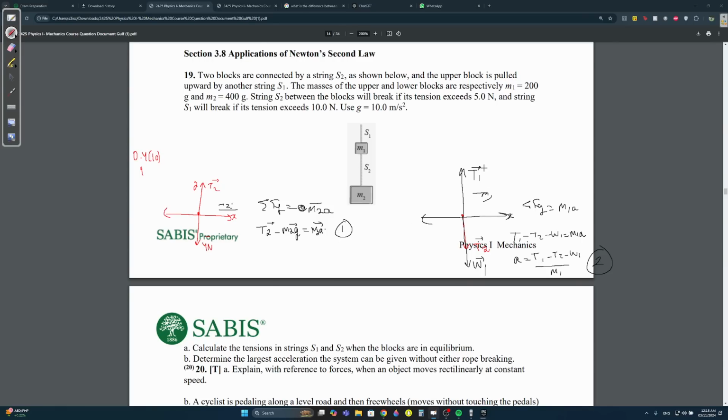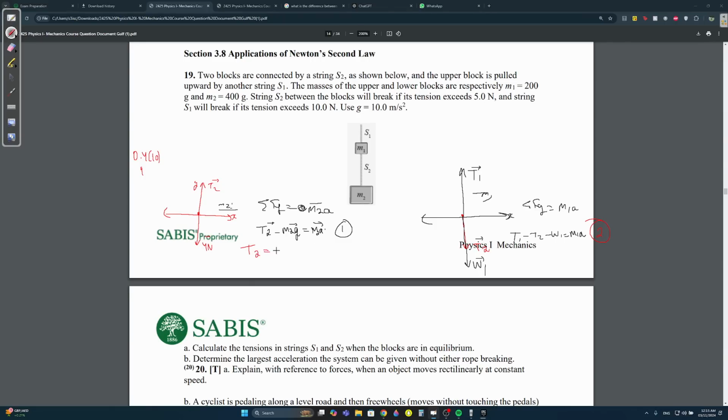You have this equation here, and why did I do all this? Let me actually use the top one. It's better. You have these two equations. You can substitute T2 with M2G plus M2A.